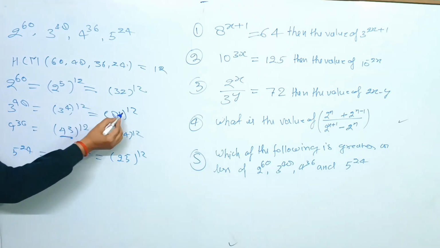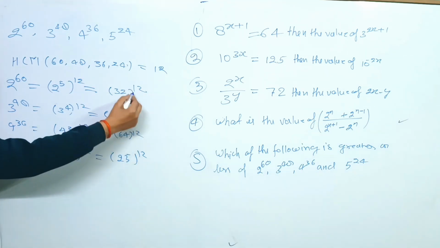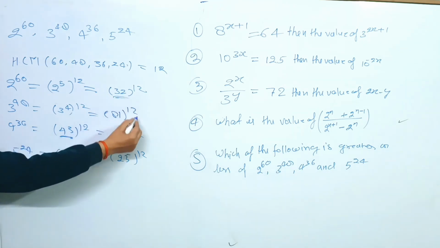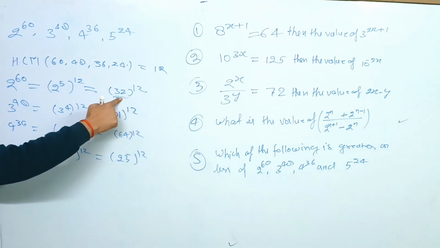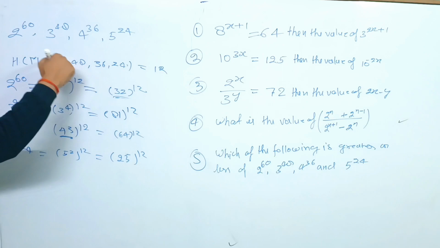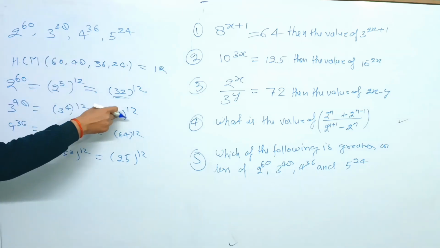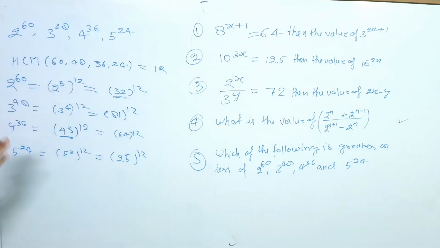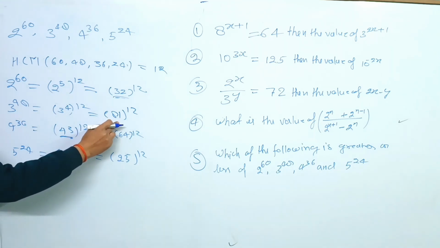Now here we can check the power of each quantity. Each number has an equal power. That means whichever base is greater, that number is greater, and whichever base is less, that number is less. Here 81 is the greatest.